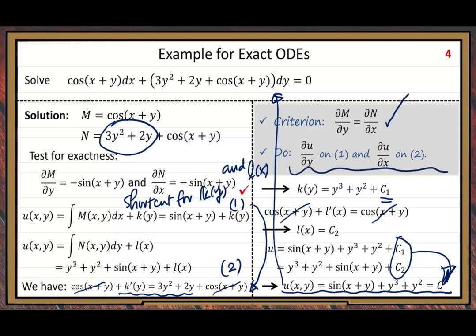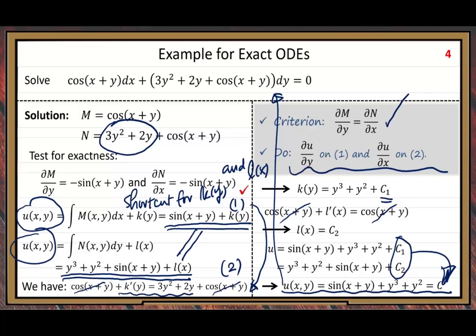So let's closely examine these two formulas, the first expression and the second expression. Because these two expressions correspond to the same u function, that means these two functions should be the same, right?